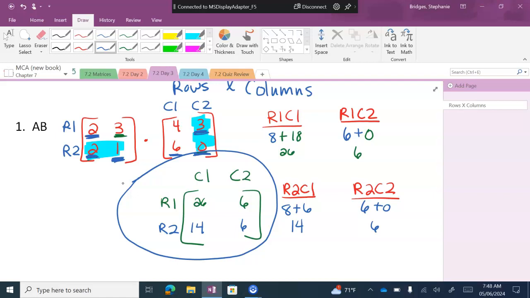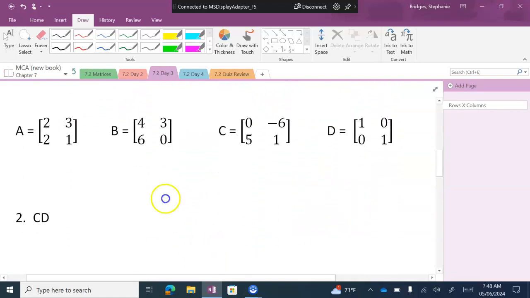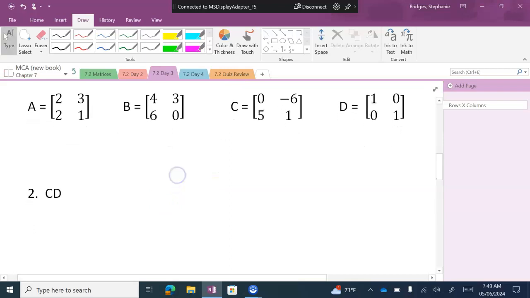Okay. Again, these are the same 4 matrices. I just have them written again because I can see them. So go ahead and set this one up. We're going to multiply C times D. You want to first write them next to each other, because if you switch the order, then it does change the answer.